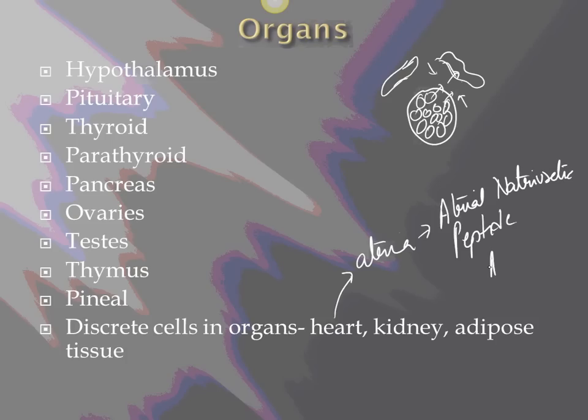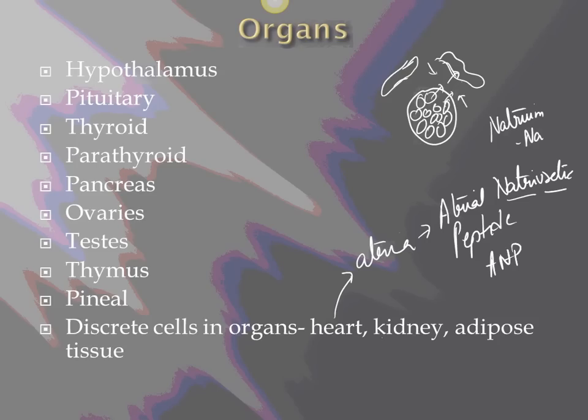So this is ANP for short, atrial natriuretic peptide. And as the name suggests, natri for natrium or sodium. So natrium is how you write sodium, Na. Uretic means sodium in the urine. So it causes the sodium to be removed from the body in the urine, and along with sodium, water will also go out. So it depletes water from the body.